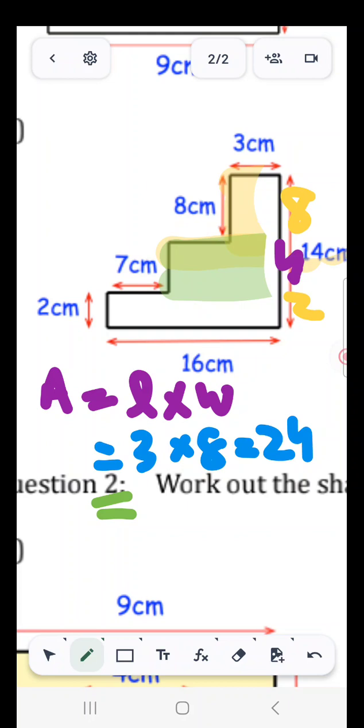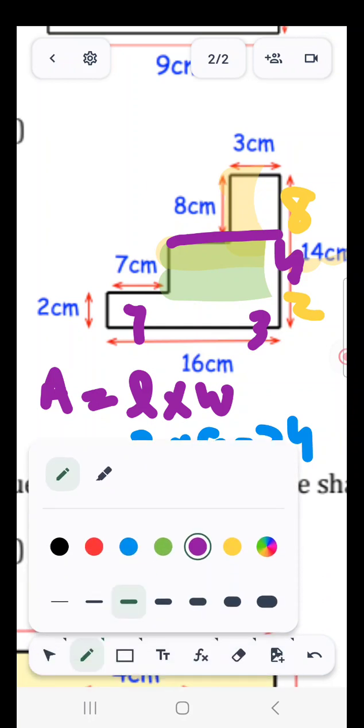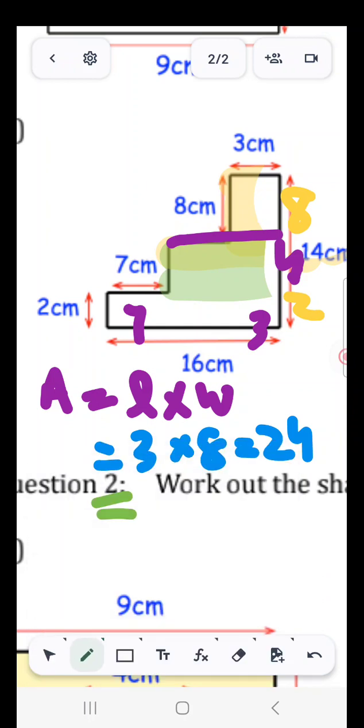Now the thing is, how much is this length? The top one was 3. Now we can deal with it. Here it is 7 and here it is 3. So from 16, if you take away 7 add 3, means 10, in the middle part you can get 10.